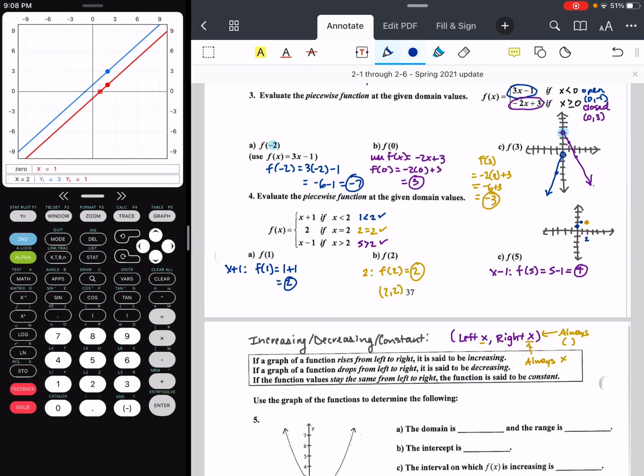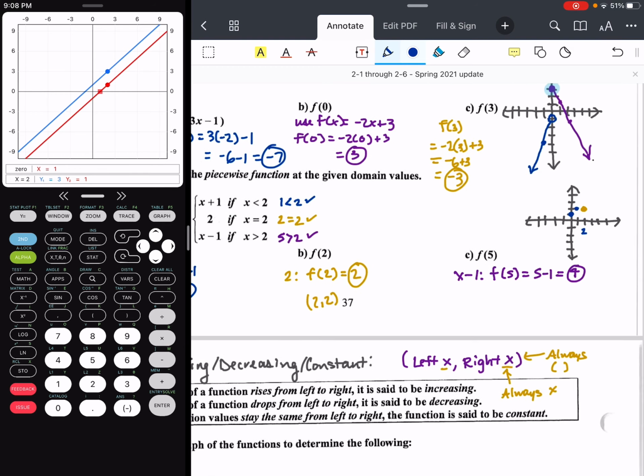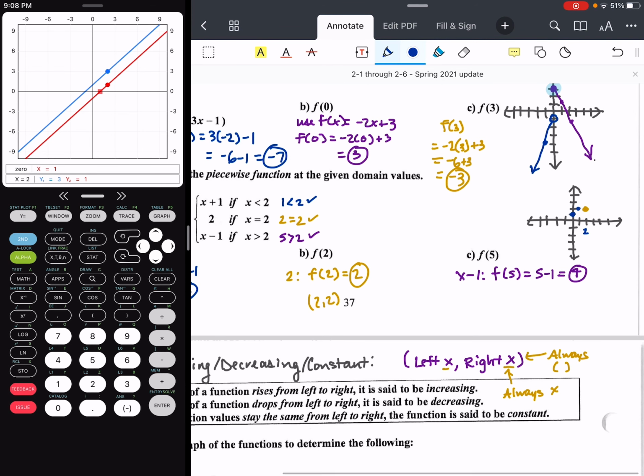So the ordered pair 2, 3 would be there, except the function's not defined. That piece of the function isn't defined for x equals 2, so I draw an open circle. Okay, so I'll go ahead and connect these. So notice that that's an open circle at what would be 2, 3.